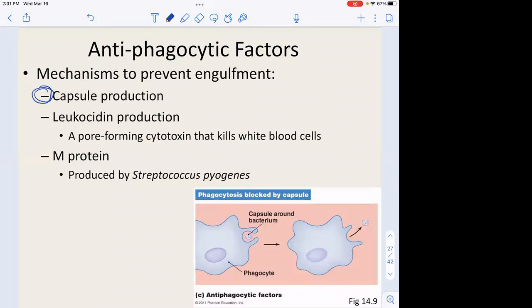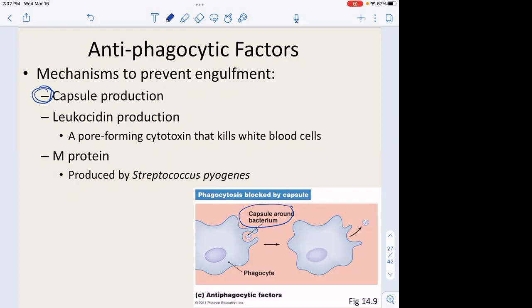When a bacteria makes a capsule, that can help it to evade phagocytosis, whether it's just kind of slippery and those pseudopods can't get around it, or sometimes that capsule has a composition that our immune cells don't recognize as being not the same as self.